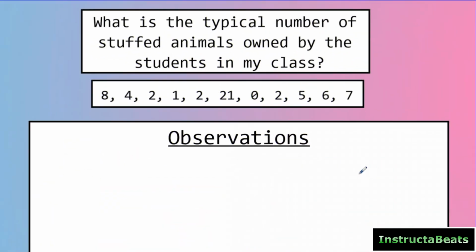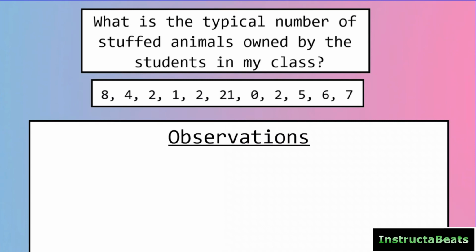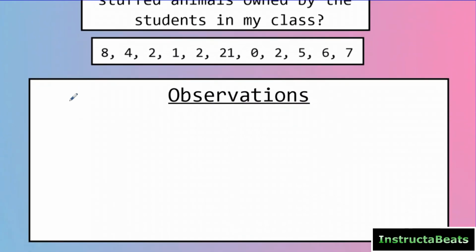So going back to the point of all of this, being able to measure the data in different ways, what are some observations you can come up with after measuring the central tendency with mean, median, and mode, and looking at the measures of variability with the range? You should be able to come up with a couple different observations. One is a lot of people have 2 stuffed animals.